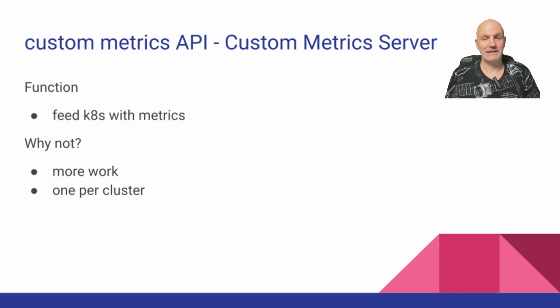Also, currently, there cannot be multiple custom metric servers registered in a single Kubernetes cluster. Therefore, you will have to implement querying and serving of all the custom metrics in a cluster from this code. This may turn out to be not feasible and definitely doesn't sound like much fun.